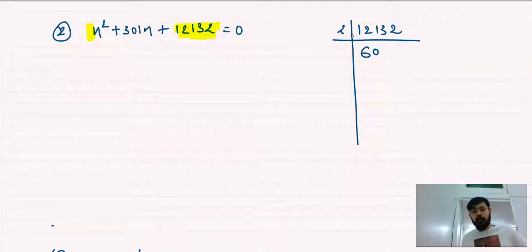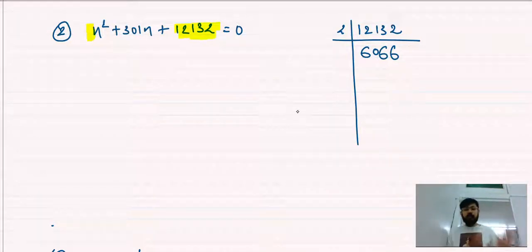So again, I use 2 6s are 12 and the remainder comes 1 and the 2 is brought down. So 2 6s are 12 ends it. So it is 6066. Now this division is a little tricky for many students. So don't make the silly mistake over there.